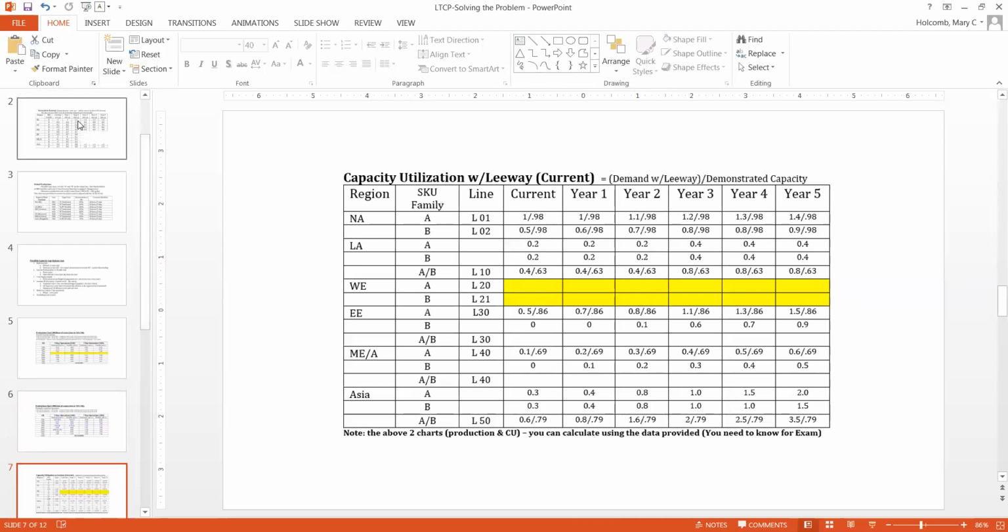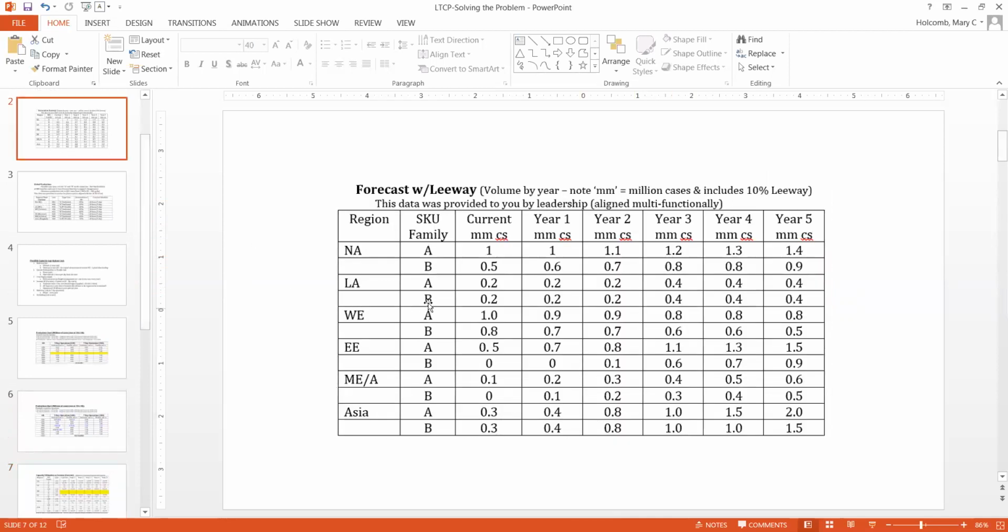So give me a second here, and I'm going to go back to a previous chart. And if you notice, for the current year, North America, for SKU family A, we have 1 million cases as our forecast with that leeway incorporated.